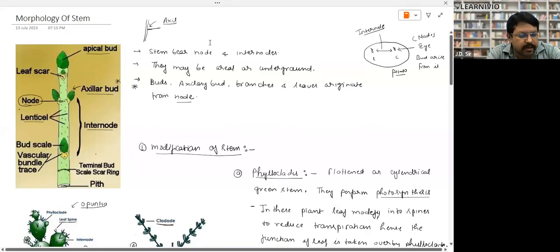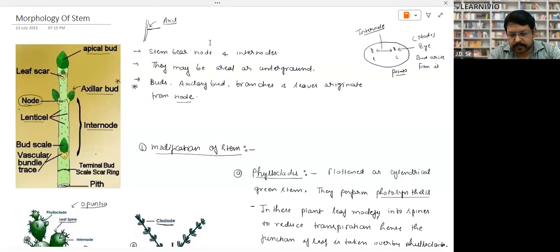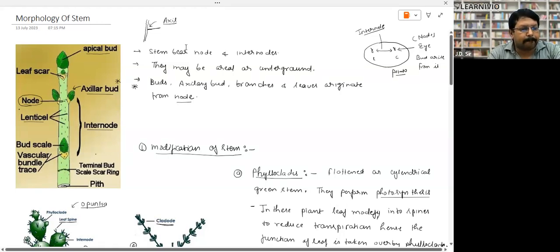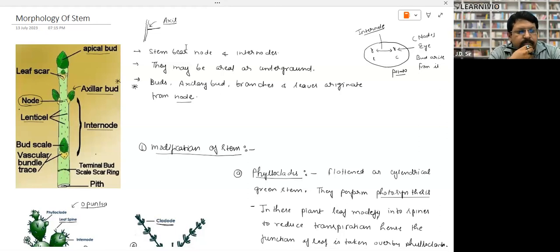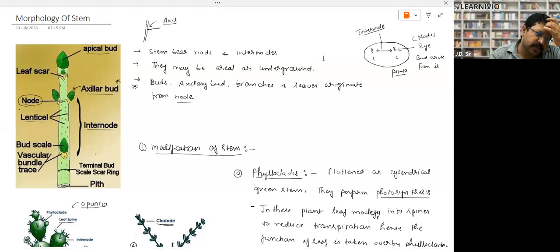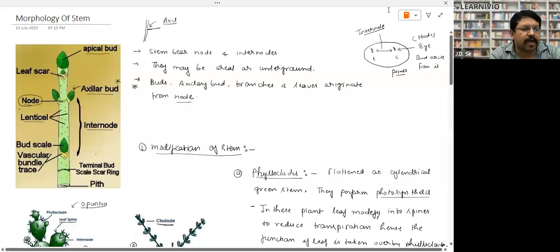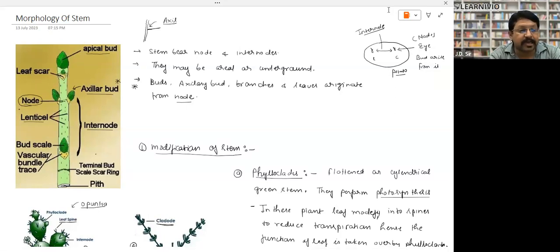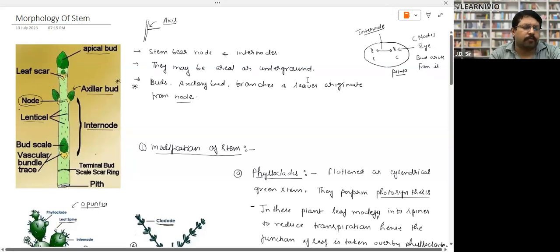Siddhika, let Siddhika connect. Siddhika, I checked with Martin. He's telling that we have to start from this topic onward, morphology of stem in our NEET class. Fine. So let's start from here on.